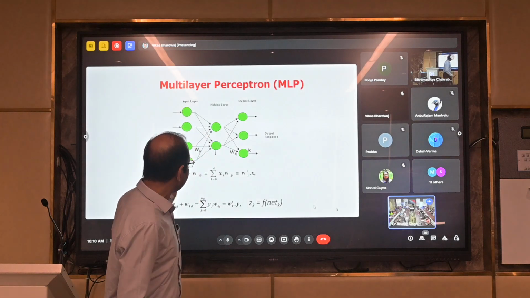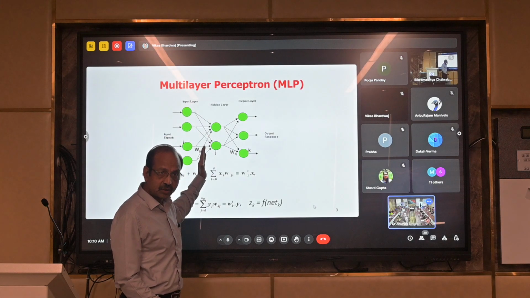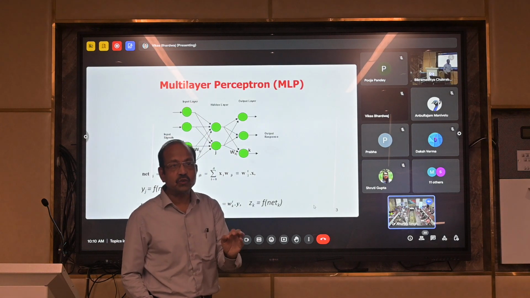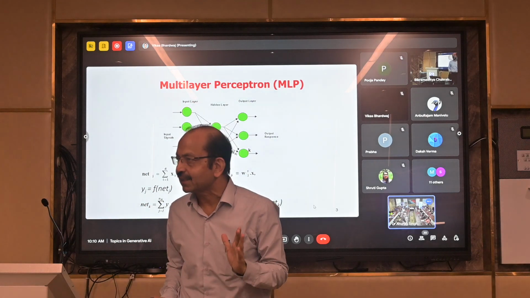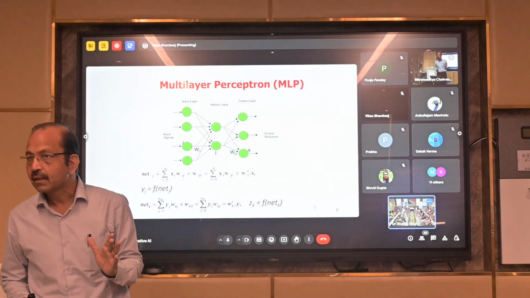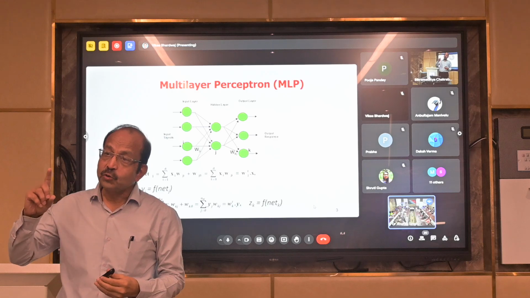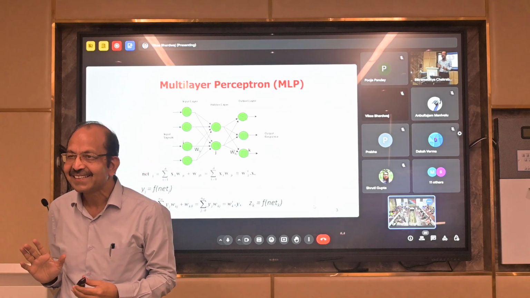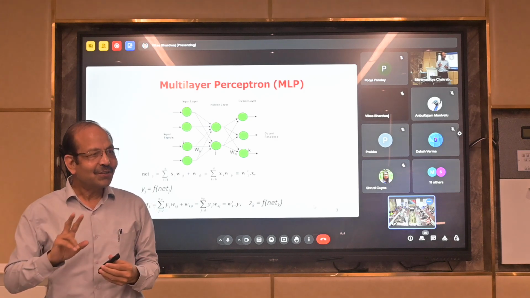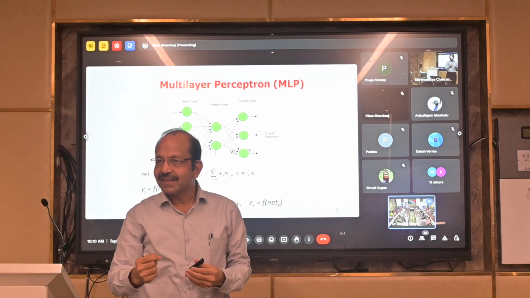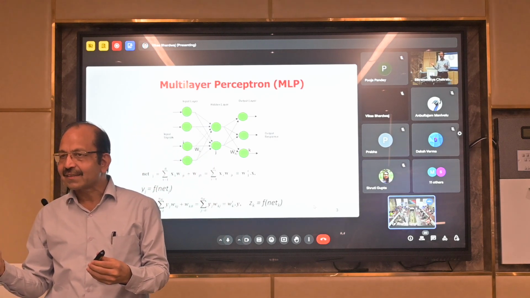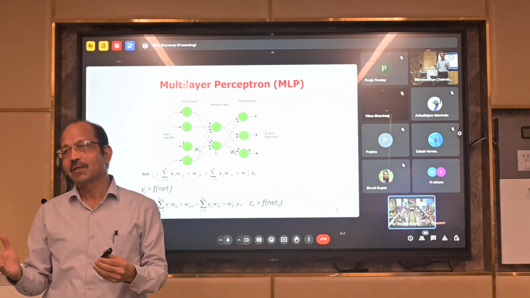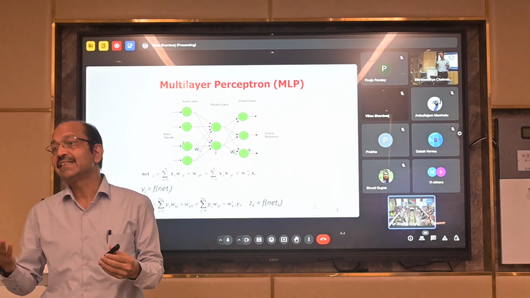So you are giving the input, you are observing the output, that is your z1, z2, z3, zk. But you want the output to be t1, t2, t3, tk. So if your z vector is different from the t vector, then you have to change the weights.